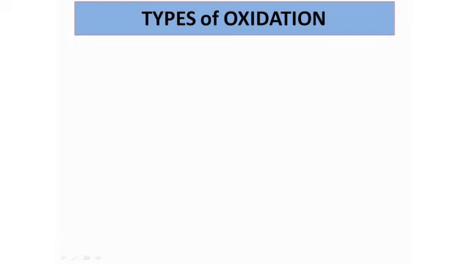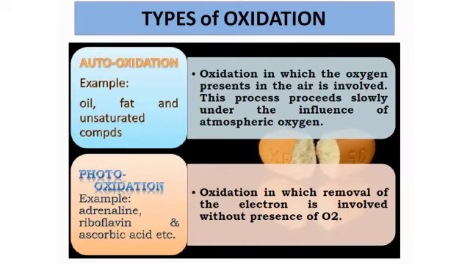So now you see the types of oxidation. As we have already discussed regarding oxidation, this oxidation sometimes leads to the degradation of the drug, right? So there are different types of oxidation which generally take place. One is auto-oxidation, the other is photo-oxidation. So what is the difference between them? Auto-oxidation generally takes place in oil, fat and unsaturated compounds.